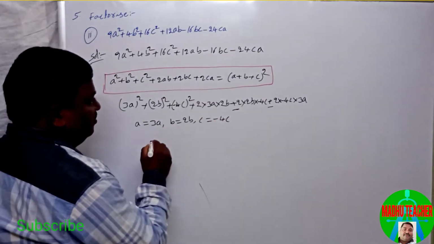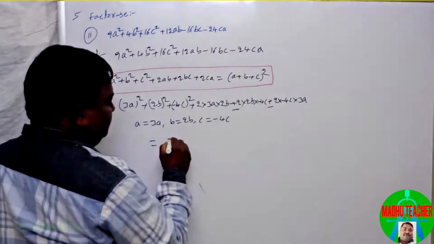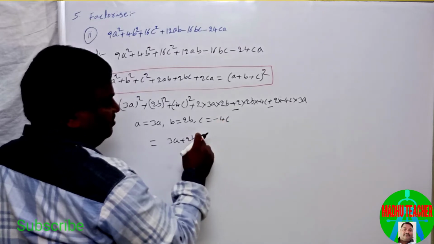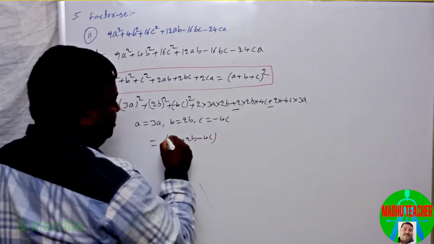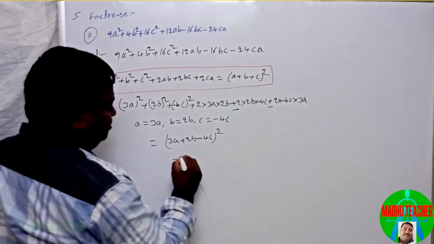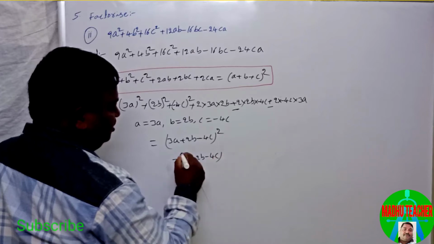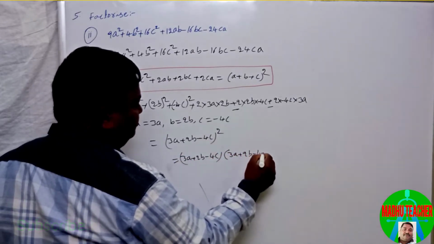Therefore this equals (a plus b plus c) whole square, (3a plus 2b minus 4c) whole square. So that equals (3a plus 2b minus 4c) into (3a plus 2b minus 4c).